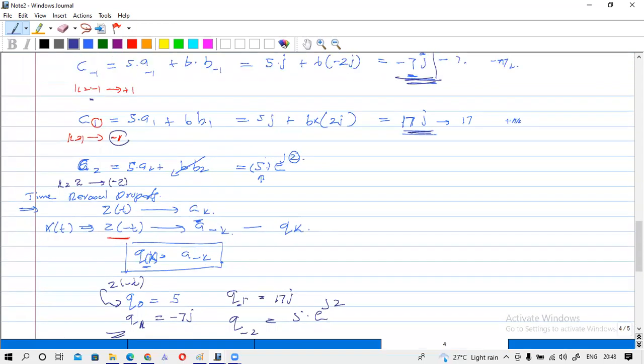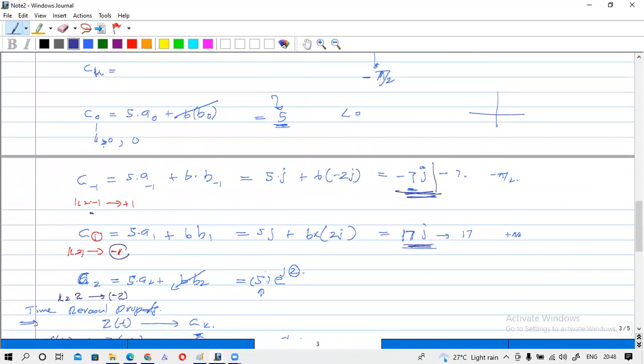So you can see that here we have C0, C minus 1, C1, C2.